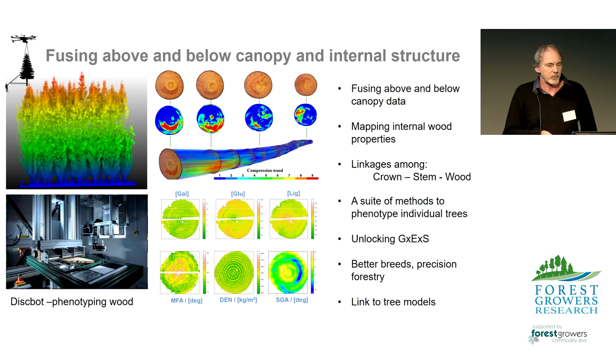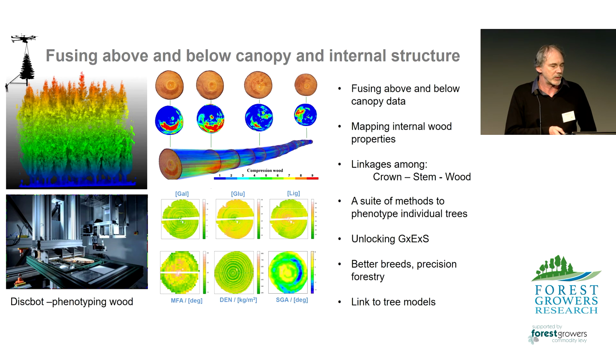And the final slide for me, pulling all that together. If we look back, by flying above we can characterise crowns, describe height really well, and estimate DBH and TSV quite well, but by going under the canopy and capturing detailed information there, we can characterise sweep, lean, taper and so on. But also to mention the disc bot.